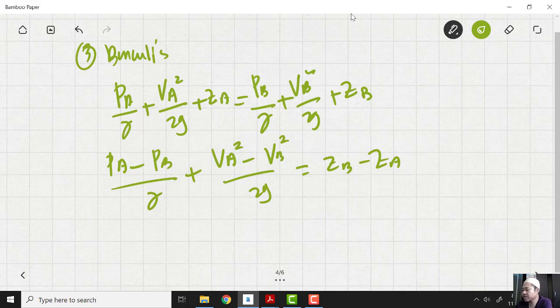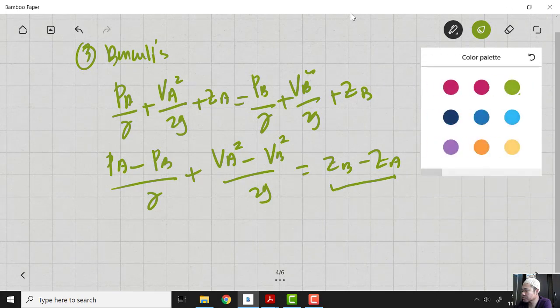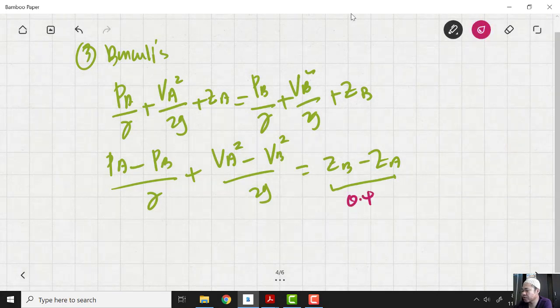ZB minus ZA, we already have the value, which is 0.46 meter. All of this is unknown to us.